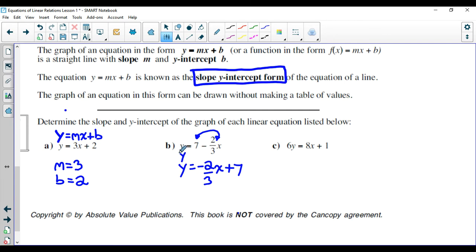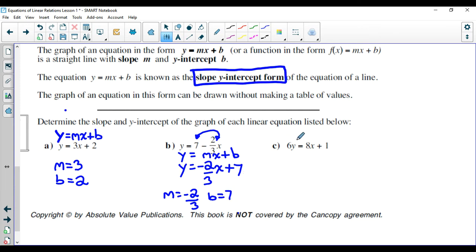Now that's in the form y equals mx plus b. So the slope is the number in front of the x, which is negative 2 over 3, and the y-intercept is the constant term, which is 7.